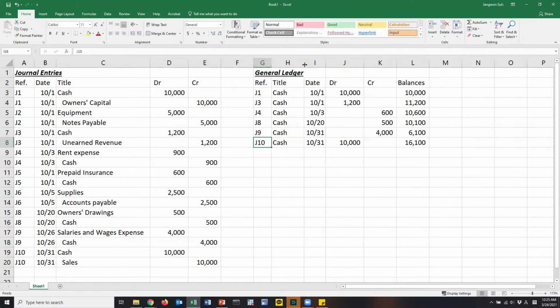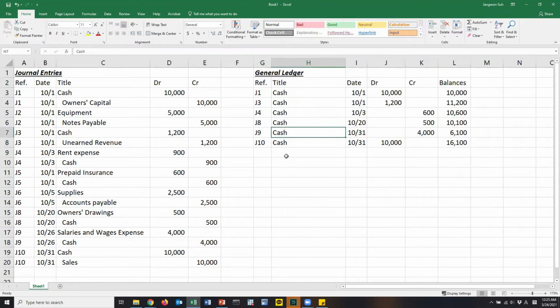Then, when we have figured out cash, shall we move on to the next item, such as supplies? Well, let's do it line by line. J1, owner's capital.